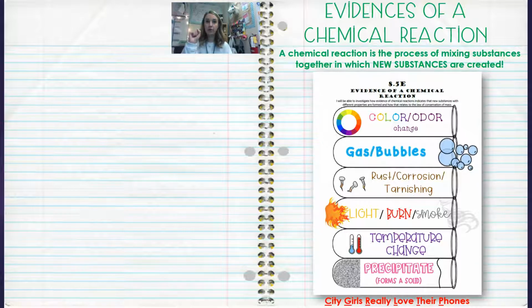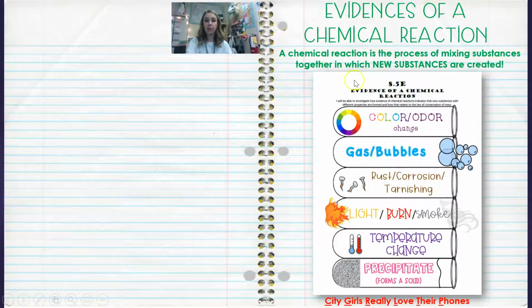It cannot be a chemical reaction if you only have one ingredient. You have to have mixed something, and it has to create something new, chemically new. It cannot be the same substance. It cannot have the same chemical formula.